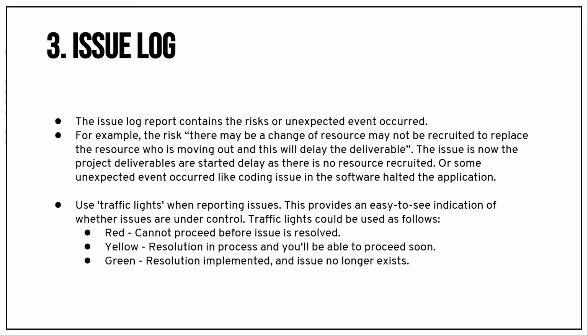So there will be a 100% delay in our project. But the issue-wise status is changed to green because we have identified the resource. So with the delay of 3 months, instead of identifying a resource in January month, we are identifying the resource at the end of February month.